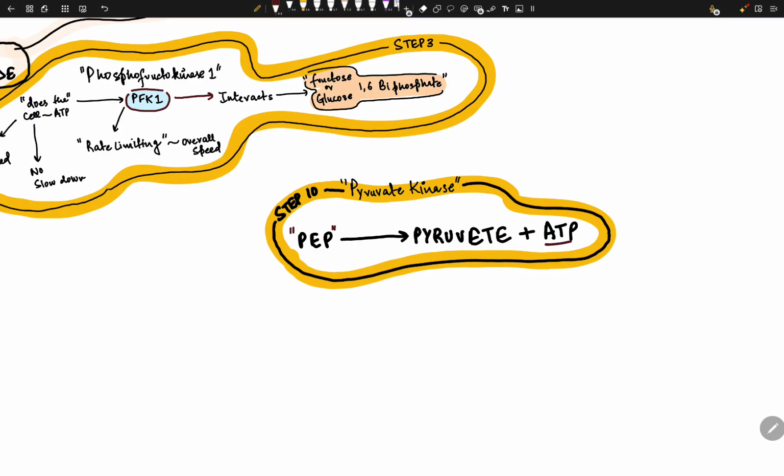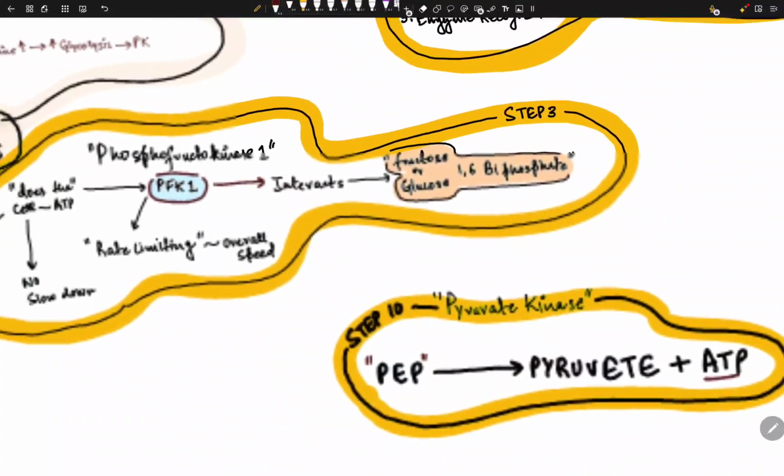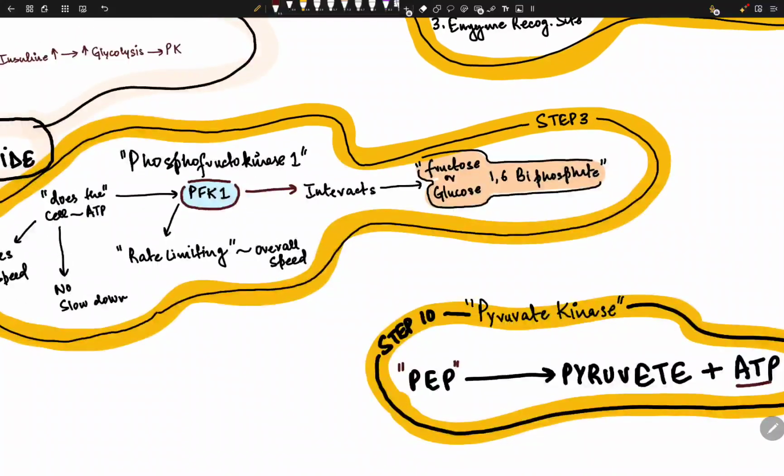What are these? Hexokinase, glucokinase, PFK, and pyruvate kinase, okay? Hexokinase and glucokinase basically answer the question, should we capture the glucose or not? PFK asks, should we commit to glycolysis?